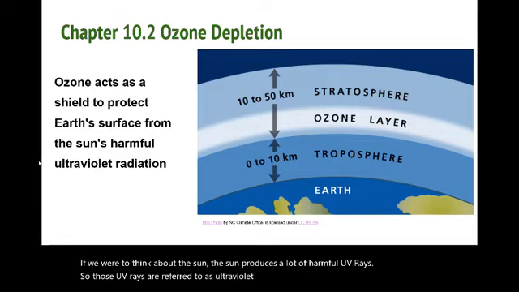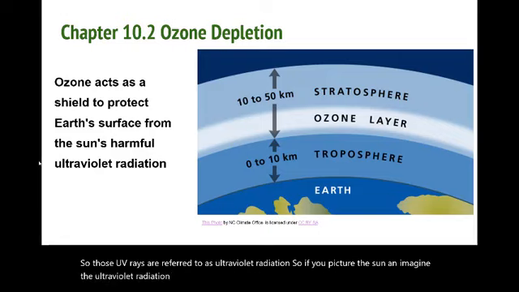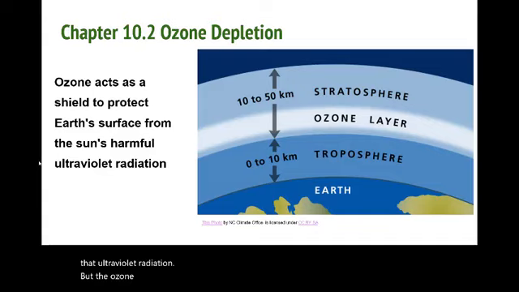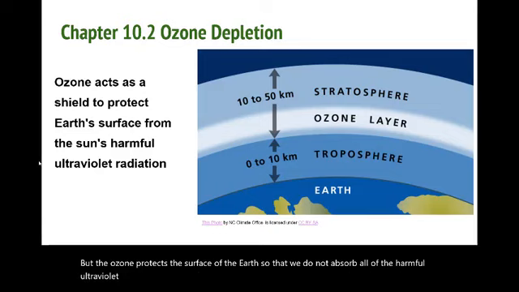So if you picture the sun and imagine the ultraviolet radiation coming off of the sun, the Earth would be absorbing all of that ultraviolet radiation. But the ozone protects the surface of the Earth so that we do not absorb all of the harmful ultraviolet radiation. So the ozone is a protective layer.